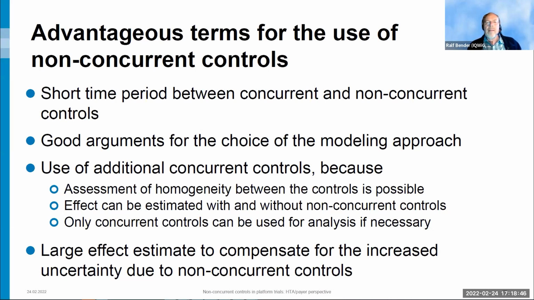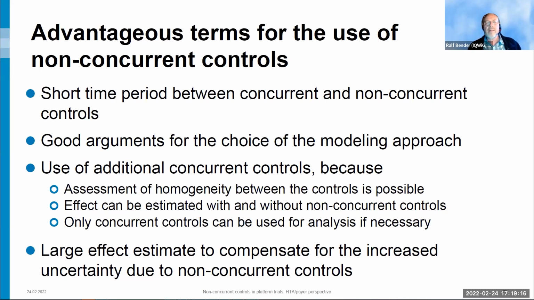The effect can be estimated with and without non-concurrent controls. And in case you see that indeed the two kinds of controls are different, then you have the chance to use only the concurrent controls for the final analysis. And it's advantageous to have a large effect estimate to compensate for the increased uncertainty.